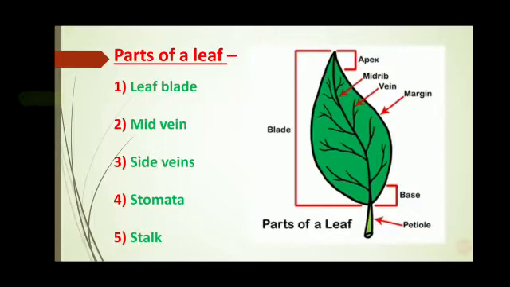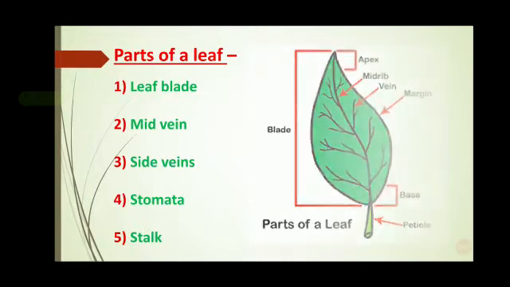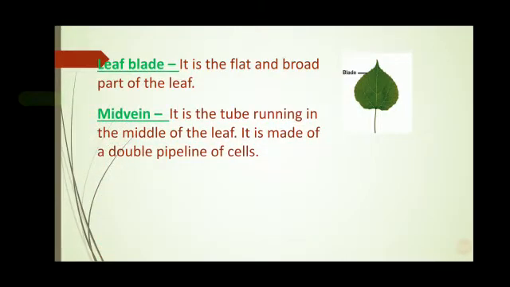Let's start to know more about these parts. So first part is leaf blade. It is the flat and broad part of a leaf. From the picture you can also see that the flat broad part of the leaf is called leaf blade.